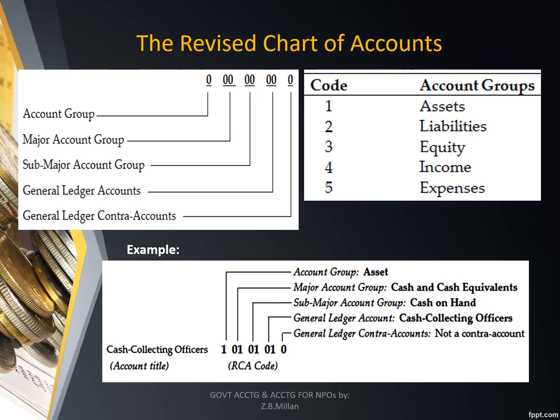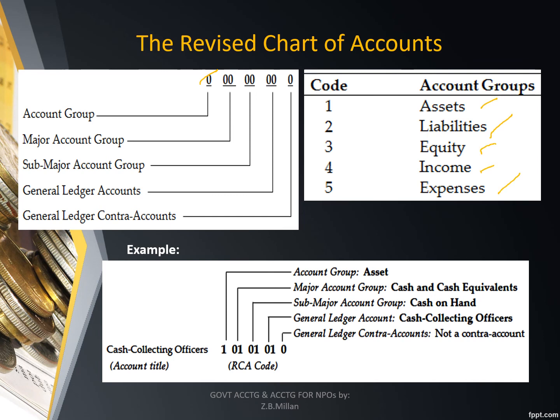So yung ating revised chart of accounts, yung chart numbers or account numbers ng ating accounts is composed of 8-digit numbers which correspond to the first digit is for the account group, whether the account is asset, liabilities, equity, income, and expense.